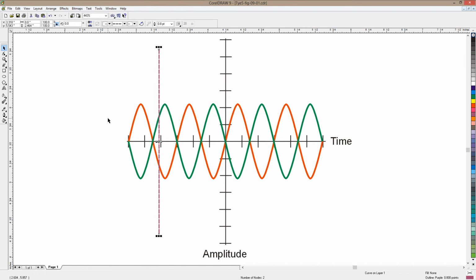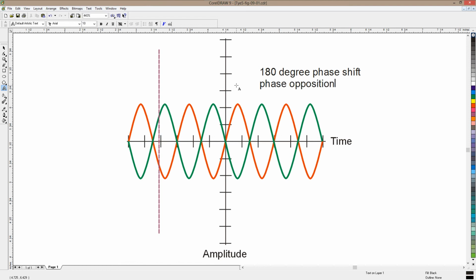So when you hear the term 180 degree phase shift, and then you hear the term phase opposition, these two phenomena are theoretically different. They sometimes have the same net effect, but not always. In fact, usually not. The sine wave here is a very special case.